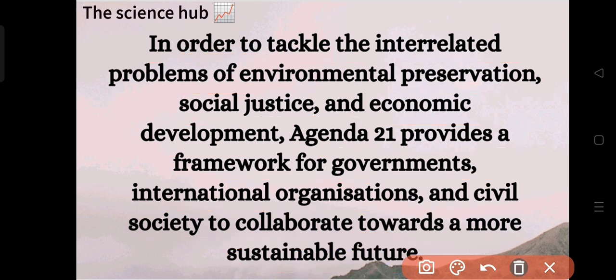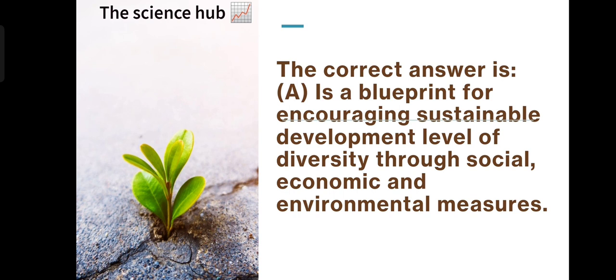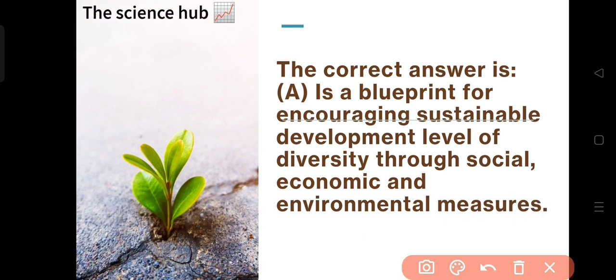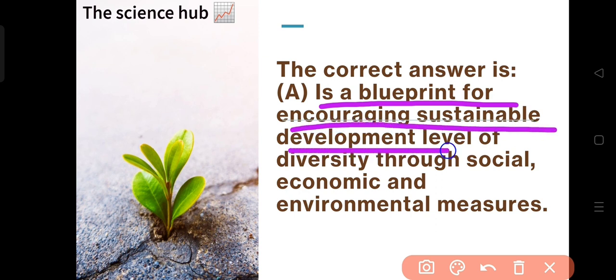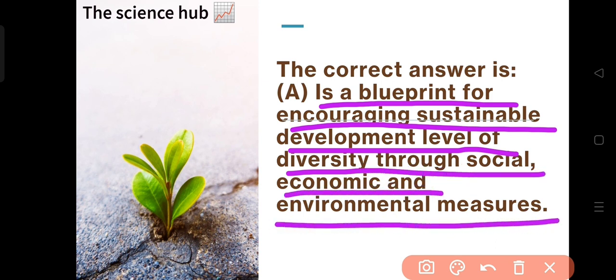So from this explanation we got to know that our correct answer is option A, that is a blueprint for encouraging sustainable development of diversity through social, economic and environmental measures.